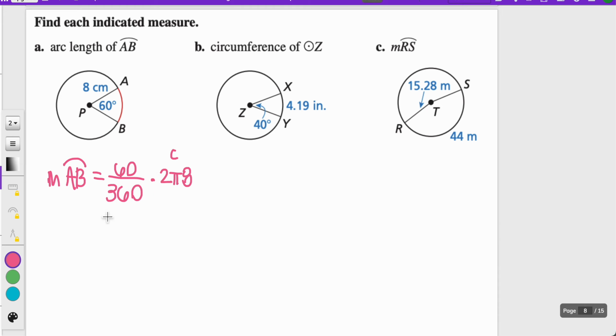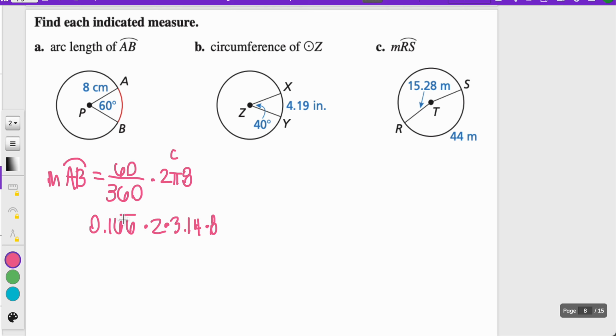60 divided by 360 is going to give me a ratio of 0.16 repeating, and then I'm going to take that number and multiply times 2 times pi times 8.